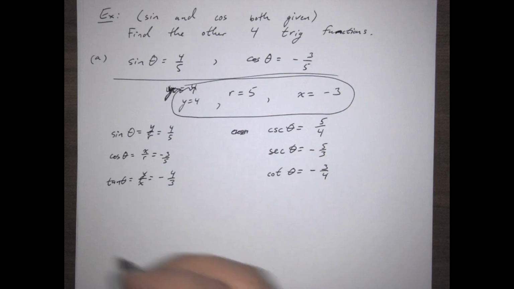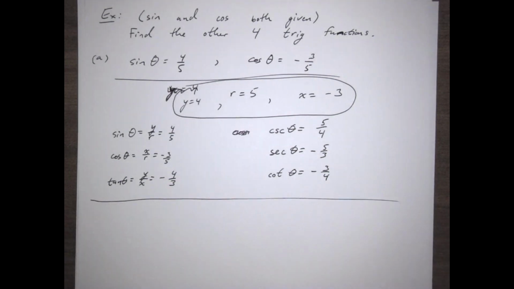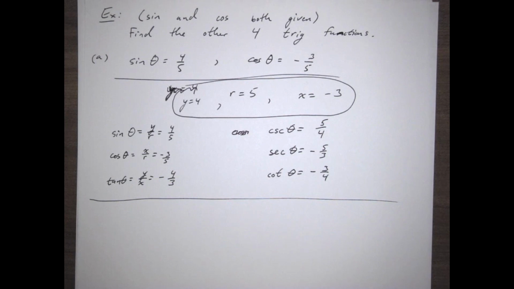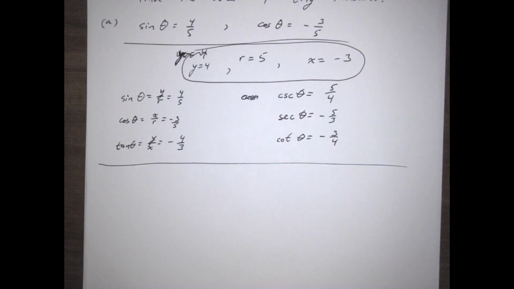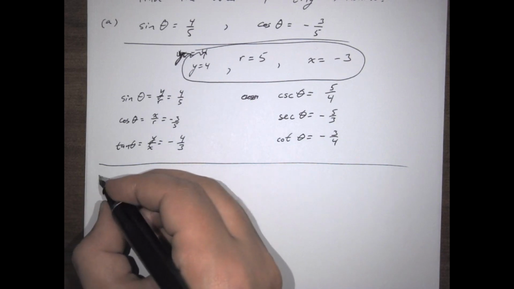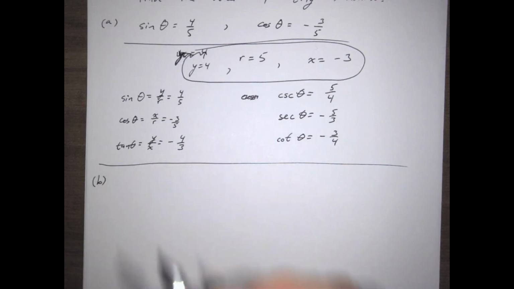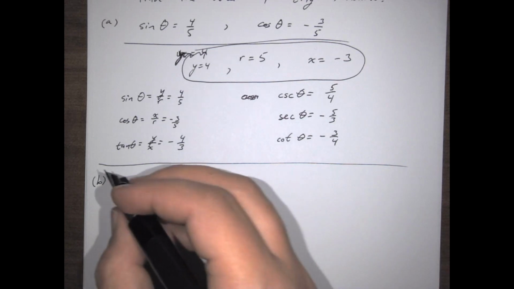Most of the time. We may have to occasionally do something a little fancier, but what we can just do is find a convenient value for the r, the x, and the y, and usually what we'll just do is take the denominators of the fractions to be the r, and the numerators to be the y and the x. So as an example, let's just take something like this.